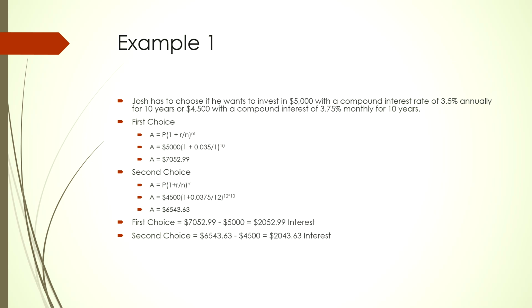The second choice, $6,543.63 minus $4,500 is equal to $2,043.63 interest. And so by a little more than $9, the first choice would be a better choice for Josh.